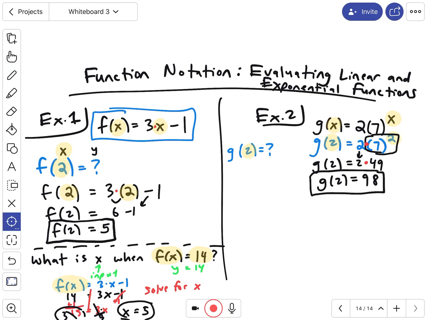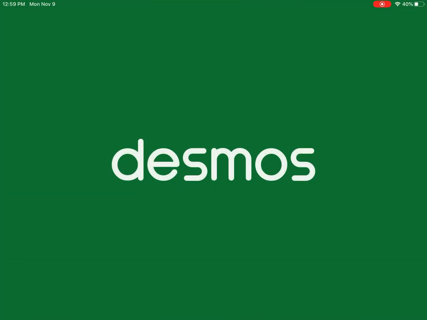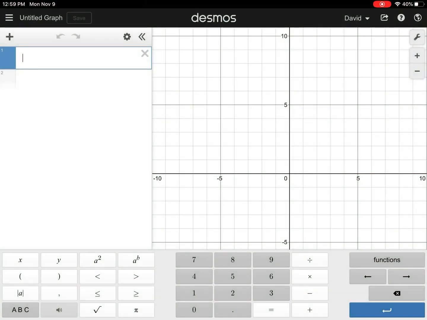Another method could be to plug this into a graphing calculator, and you're really looking for when y is 14, what is the x value? So, let me just do that real quick. f of x equals 3x minus 1. So if I put that into this f of x, I could just write 3x minus 1, that's fine.